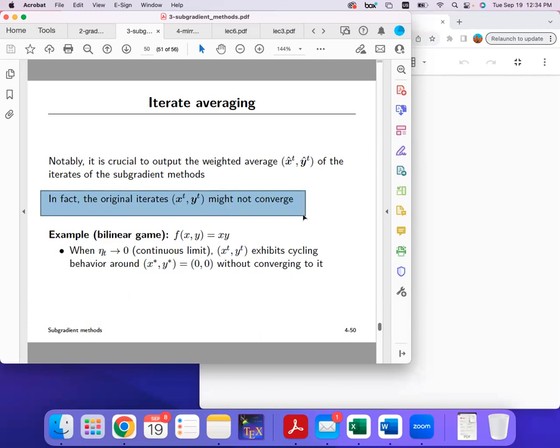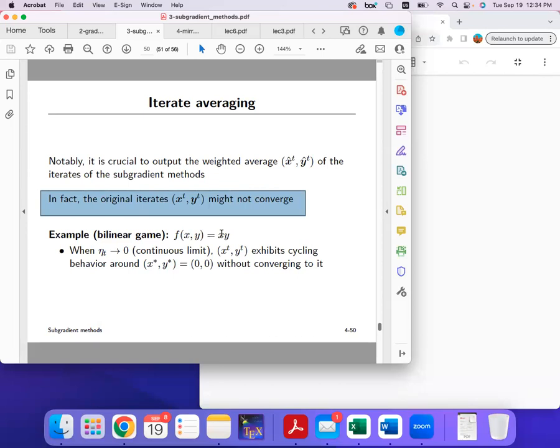this sequence may not converge in general. We can have some simple examples, for example, the following bilinear game. We can show that if you apply this subgradient descent method to this game, the x_t, y_t will not converge. It will have a cycling behavior around the saddle point.